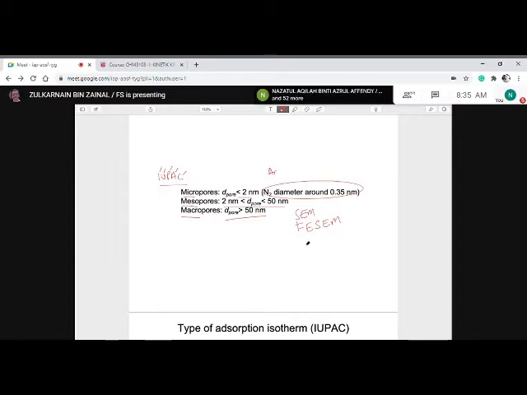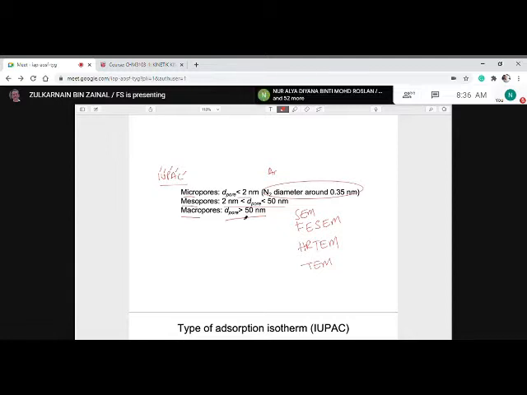You will need a more powerful microscope, like HRTEM, high resolution transmission electron microscope, or some higher version of transmission electron microscope, so you can get to see the pores.